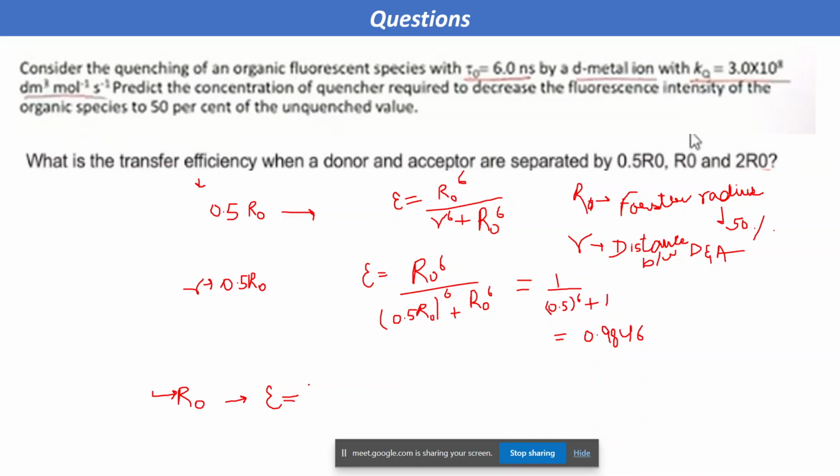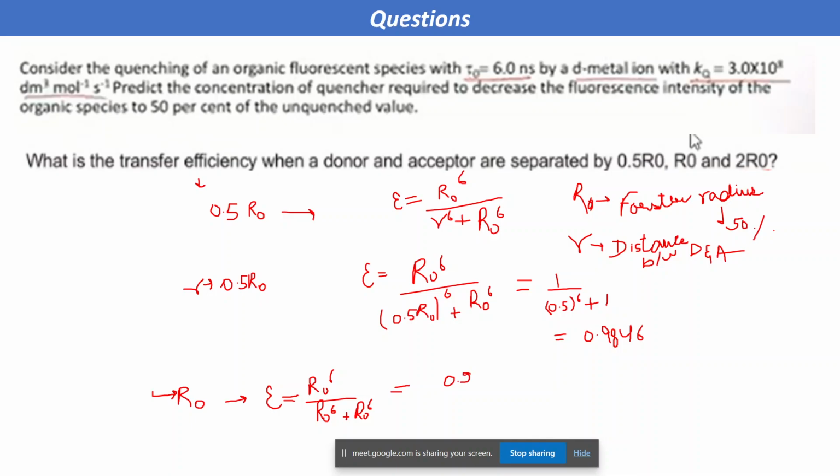So how will we solve it? It's simply E equals R naught to the 6 over, now we know that R is R naught, so it's R naught to the 6 only plus R naught to the 6 only. After solving it, it will be 0.5.